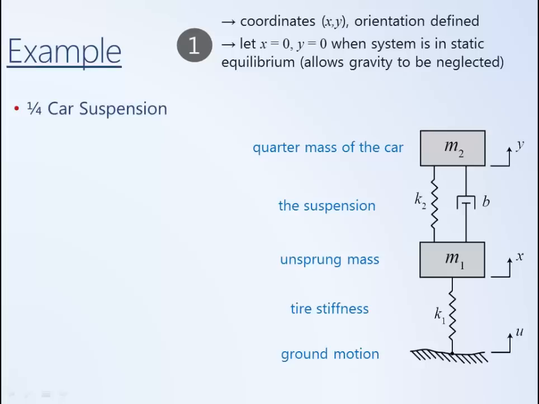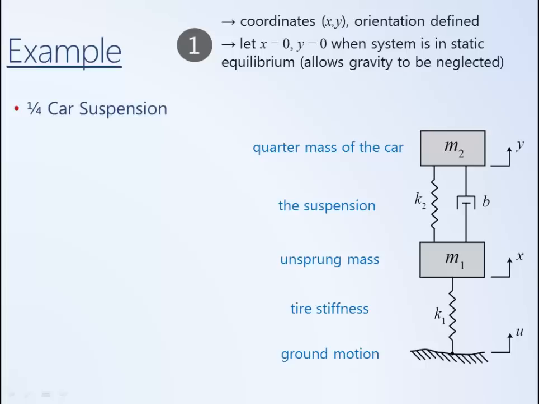In other words, you can imagine that the suspension and the tire are undeformed, but if you set the vehicle down, they will sag under the weight of the vehicle. And so by setting x equals 0 and y equals 0 from this point of static equilibrium, as opposed to from the point where the suspension and the tire are undeformed, it allows us to neglect the weight of the masses in the system.